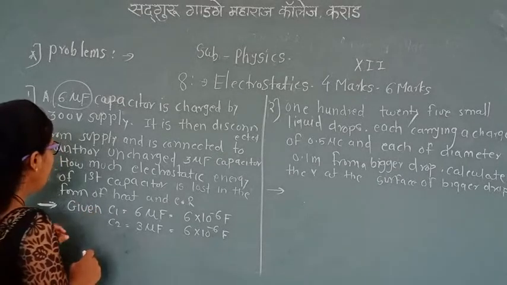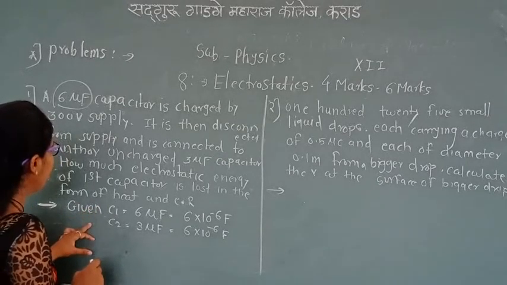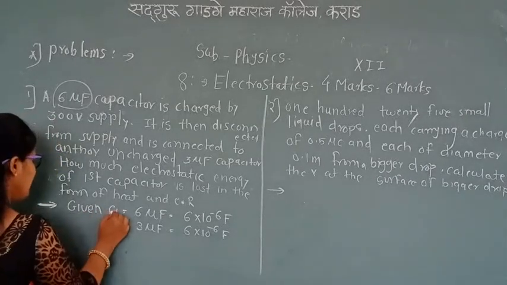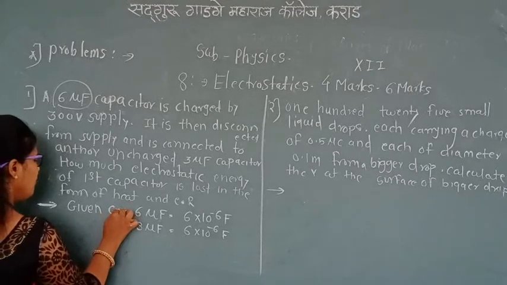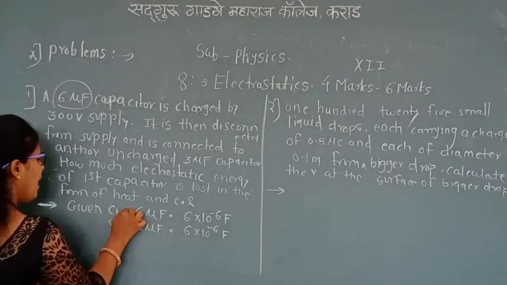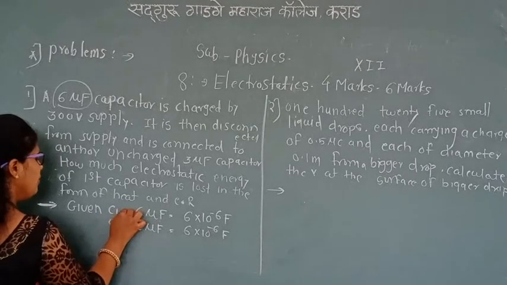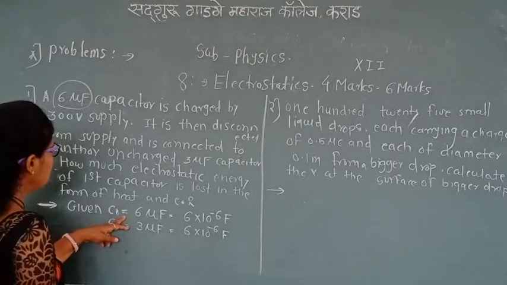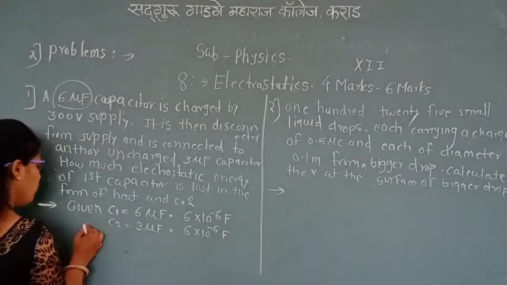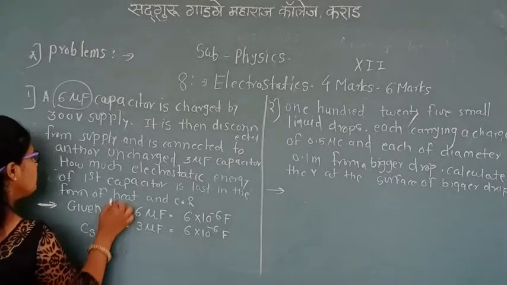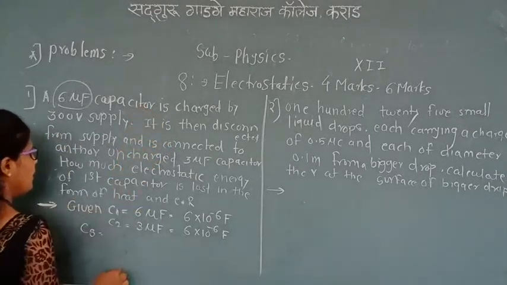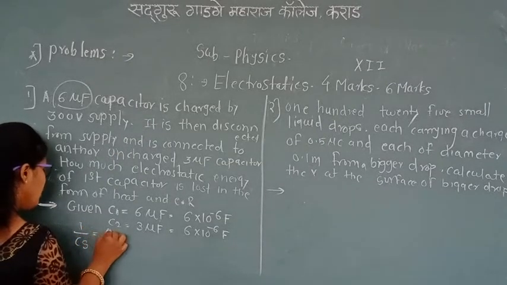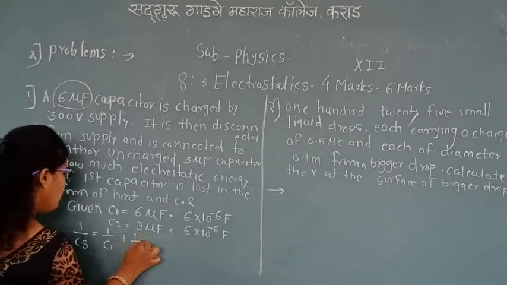Now see here, first of all we have to calculate. C1 and C2 are given, and these two capacitors are connected in series. In the last lecture, we saw all the formulae in summary. Now CS means these two capacitors connected in series, so 1 upon CS is equal to 1 upon C1 plus 1 upon C2.